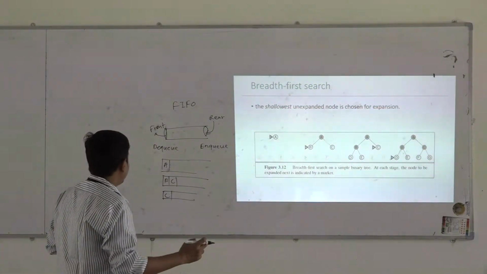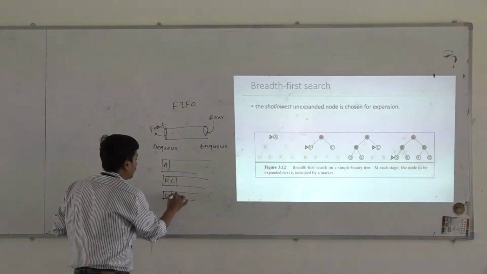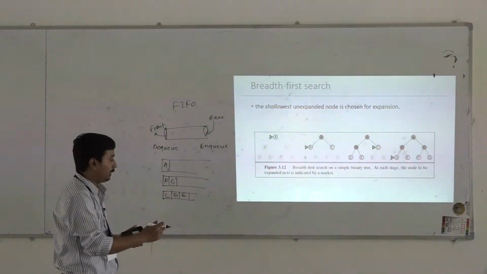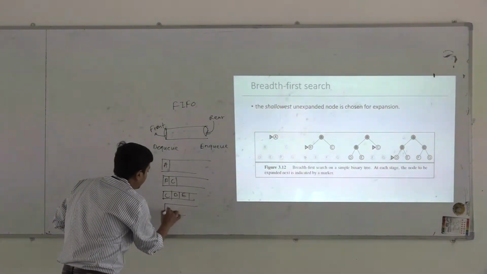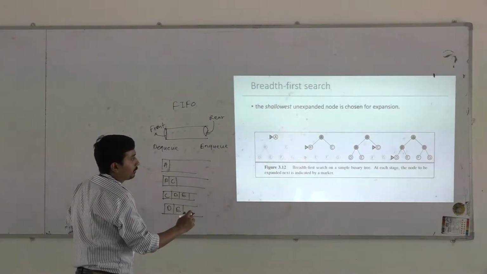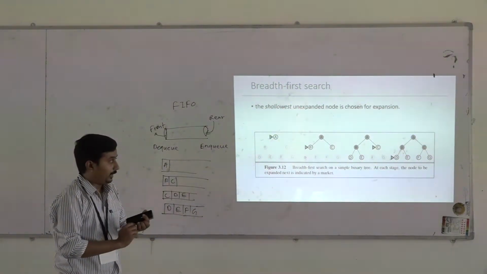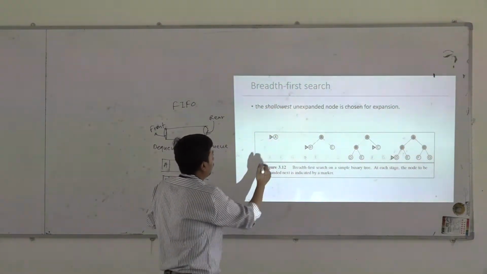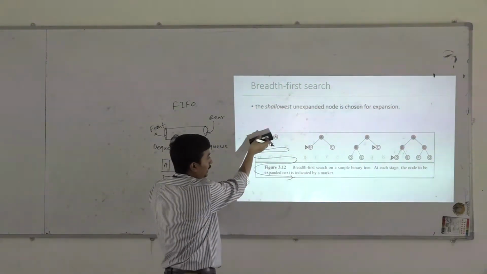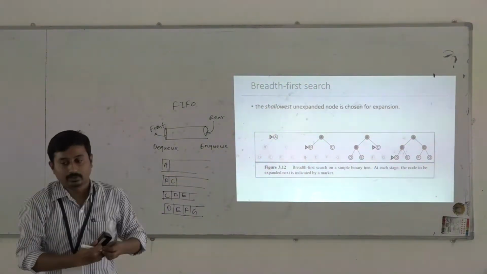It is not, so we expand it and add its children to the queue, following the FIFO pattern. Then we remove C, check whether it is a goal, expand it, add its children, and so on. So we are going level by level, following this pattern.